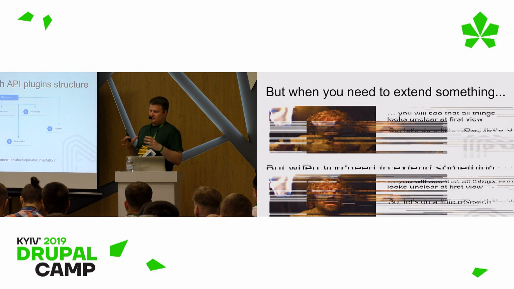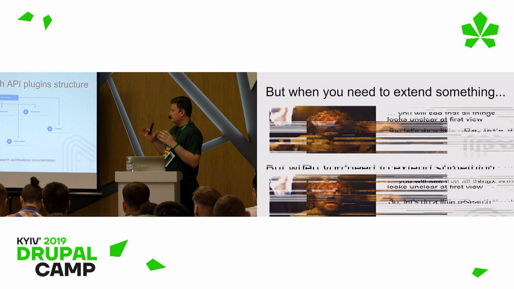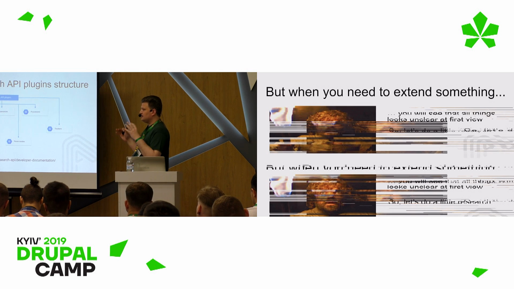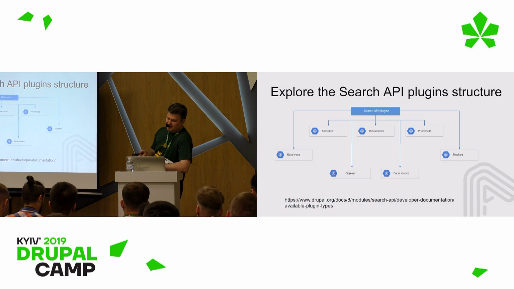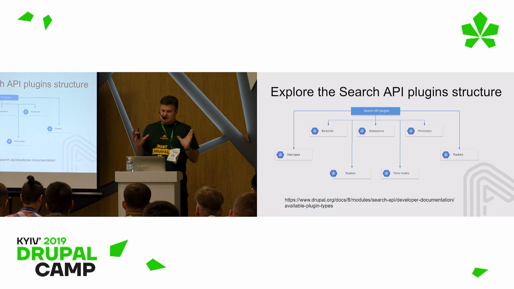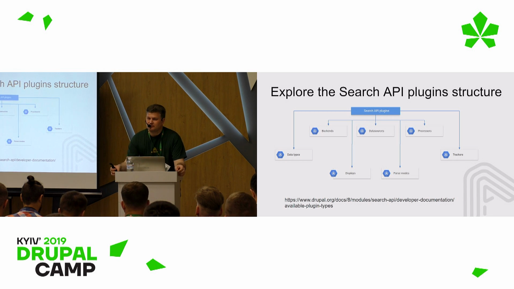When we check the architecture of Search API, we will see that it contains different types of plugins. There are data types plugins, backends plugins, data sources plugins, processors plugins, etc. There are a lot of different types of plugins, but in most cases we work with three types of plugins.